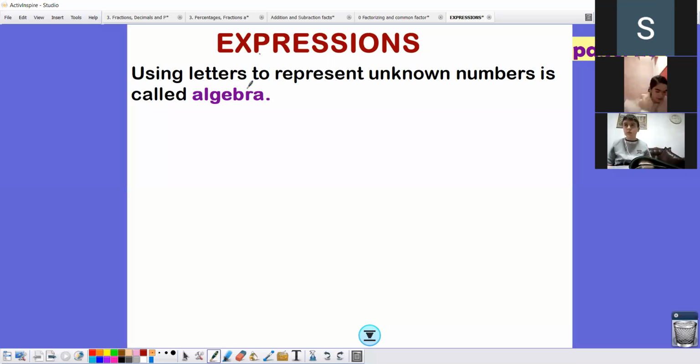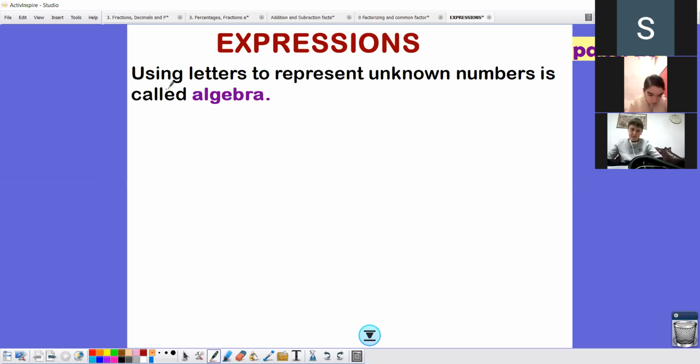So express, yes, you're expressing something. You're explaining something. You're expressing a feeling, for example, in English, when we are saying express, expression. So here in math, we are using expressions to explain some problems with some letters, okay?